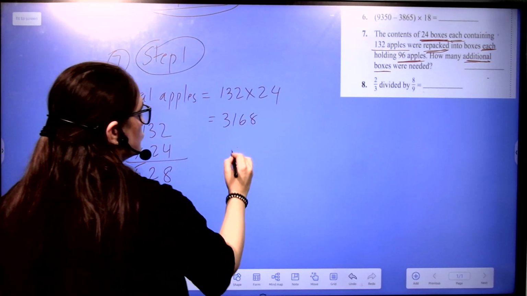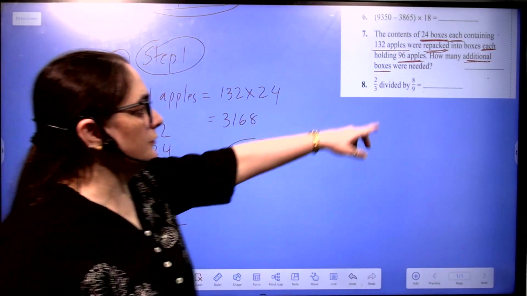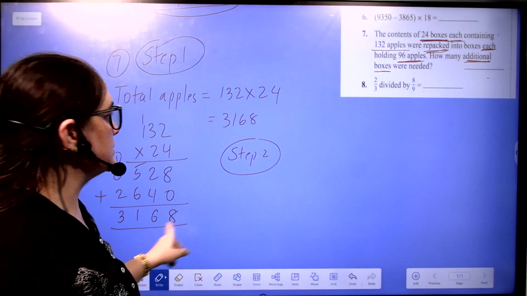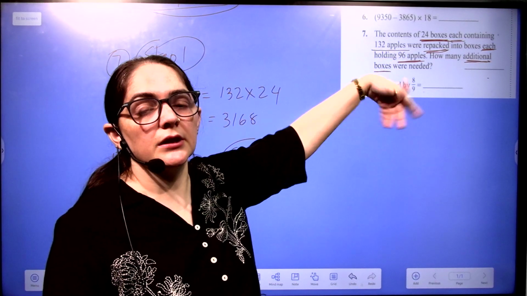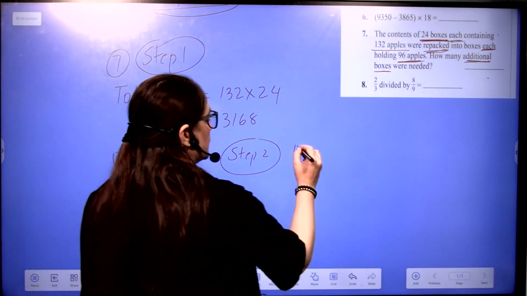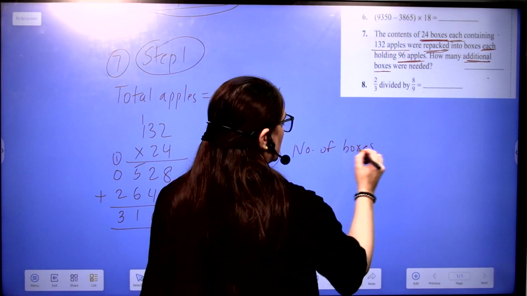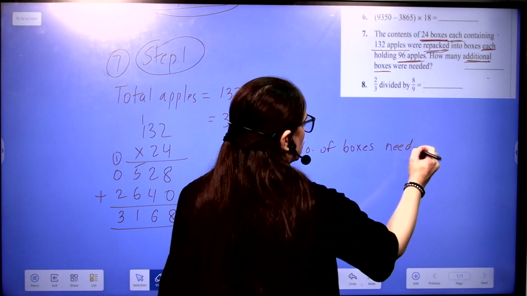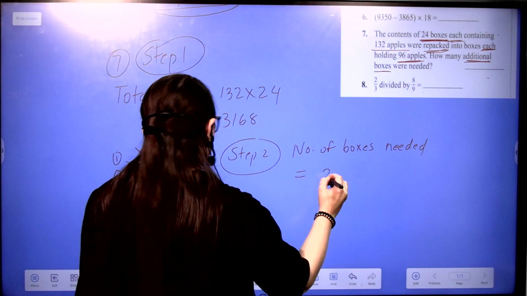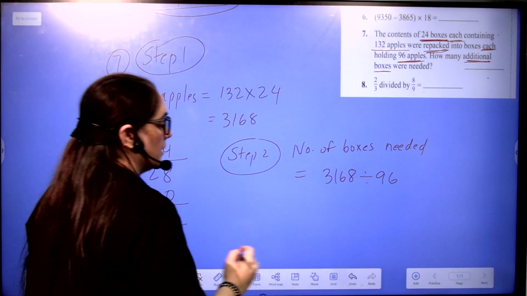Now moving on to step 2. In step 2, I have to divide the total apples by 96 apples to get the number of boxes I need to repack them. So number of boxes needed is equal to 3168 divided by 96.